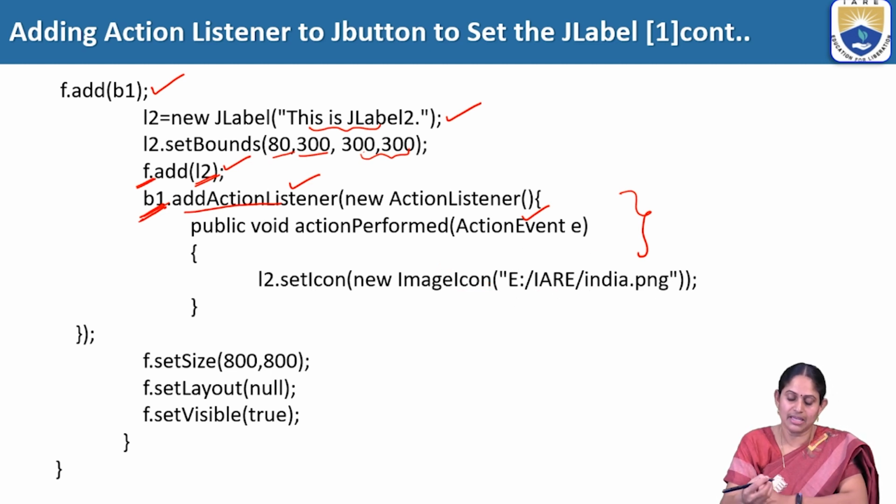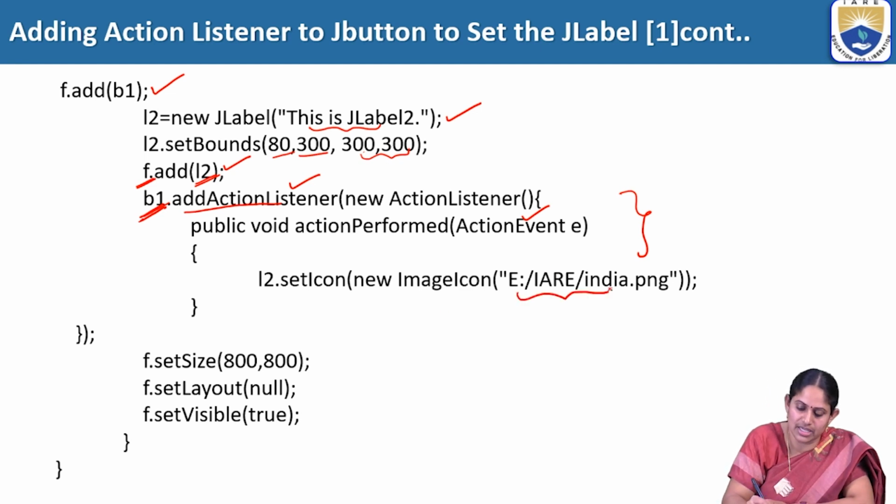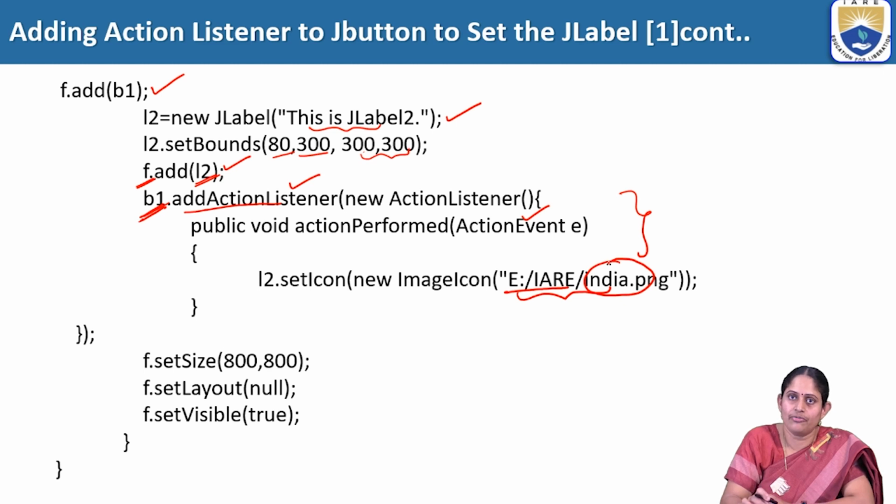We are making use of an image which is downloaded and placed at this location. Inside the E drive IARE folder, I have my image India.png, which is a flag of India. So this image will be placed onto the icon, onto the label when I press that button.